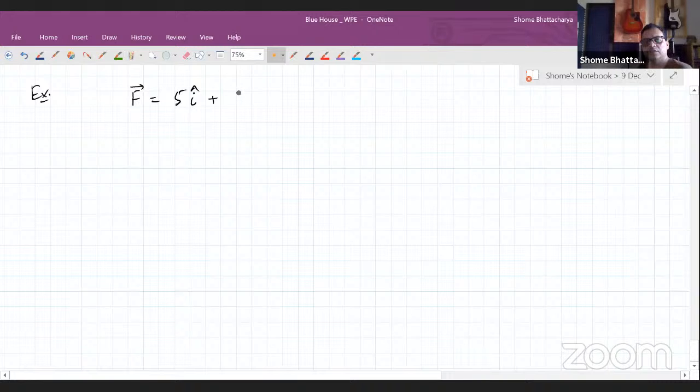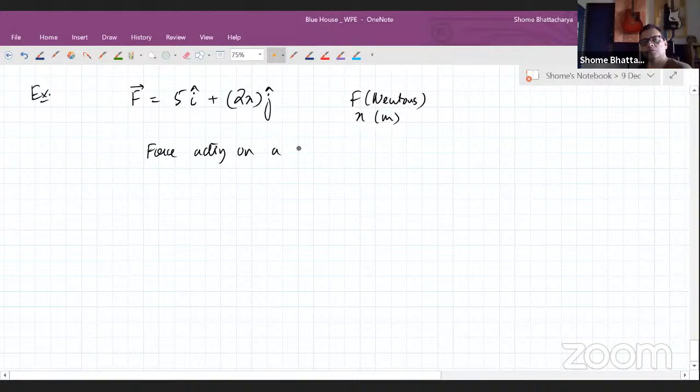So it is like, let's say, 5 i cap plus 2x j cap, where the force is in newtons and the x coordinate is in meters. So this is the force acting on a particle moving in the xy plane.